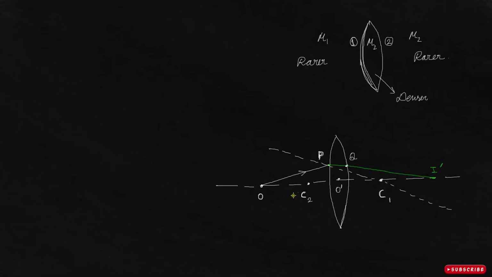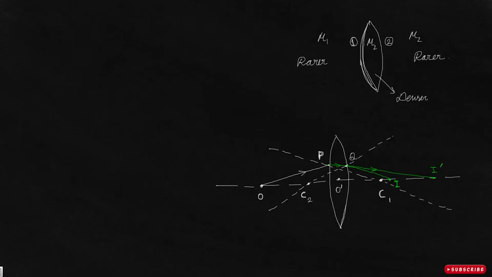So for the second surface, the normal will be like this. At point Q, it again undergoes refraction. Now it is from denser to rarer medium, so it bends away from the normal. So the final image I is formed in the rarer medium. So it undergoes 2 refractions.